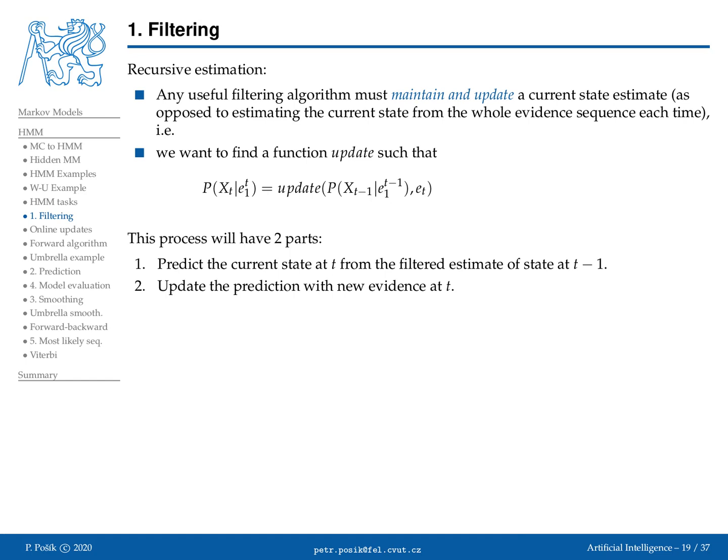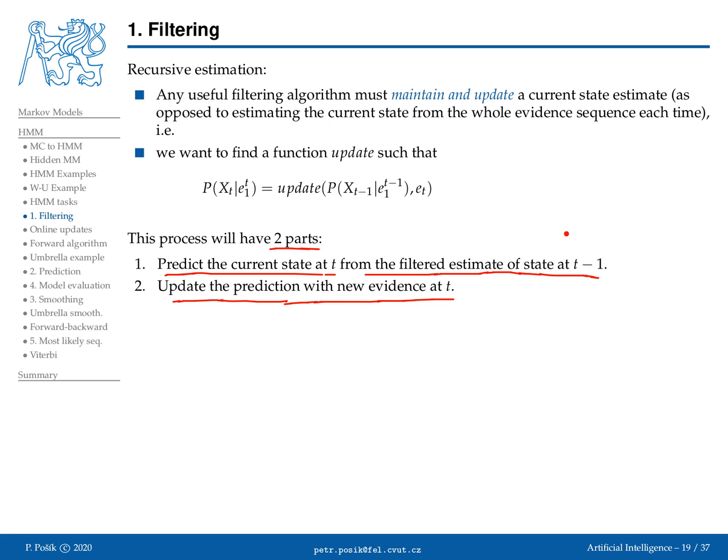So the process will basically have two parts. In the first part, you will predict the current state at time t from the filtered estimate of the previous state, at the previous time, sorry. And once you have this predicted state, you will update this prediction with the new evidence.